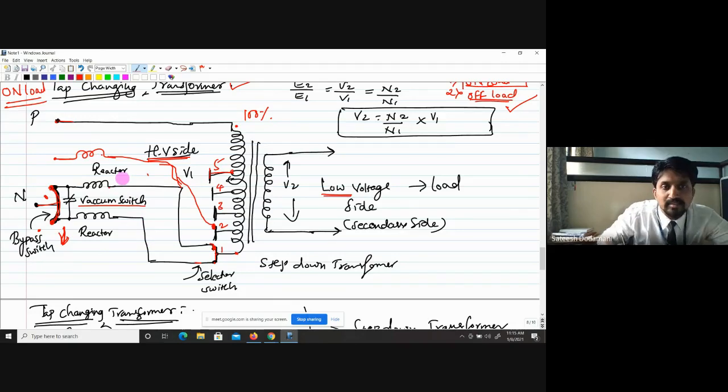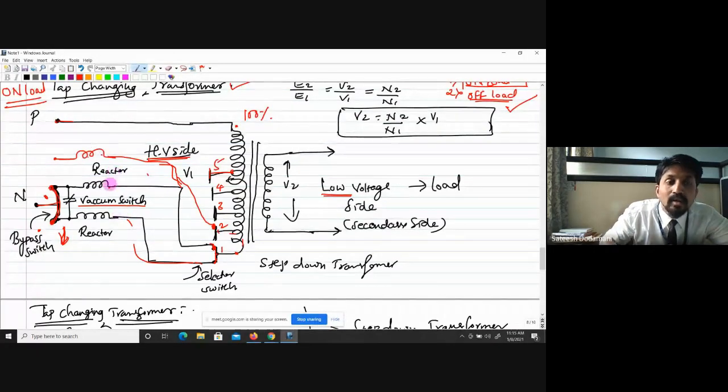This reactor is here. I'm showing it. Now this is open, and this connection goes from here to here, and to this one. So during this time, a spark should not take place. That is why they have connected the reactor.